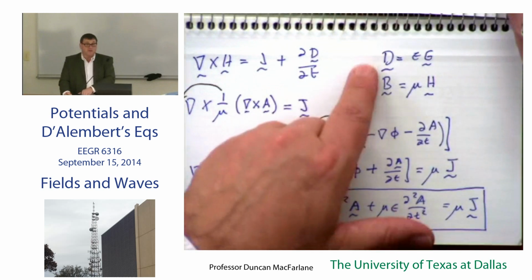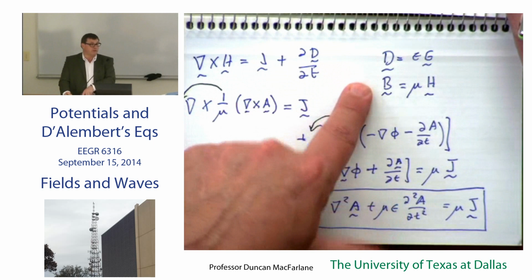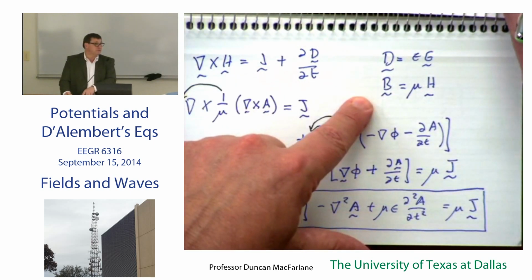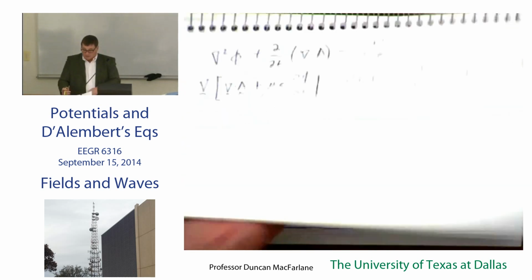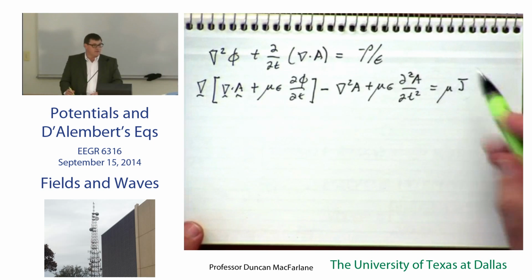Now the small change I want to make on these is: we did two material relations. We did one for the capacitance per meter and one for the inductance per meter. I'm sorry, one for epsilon and one for mu. Now I want to take into account the conductivity.